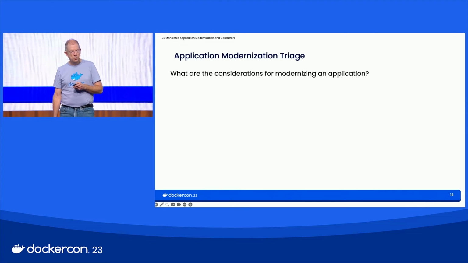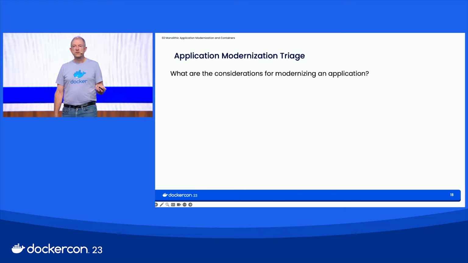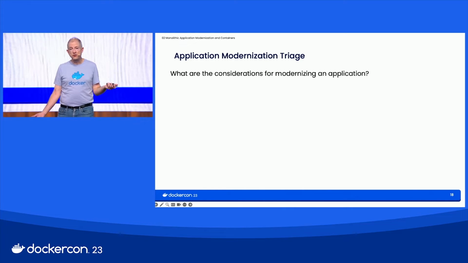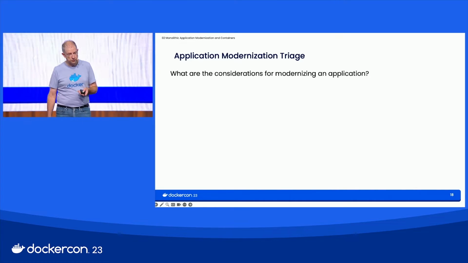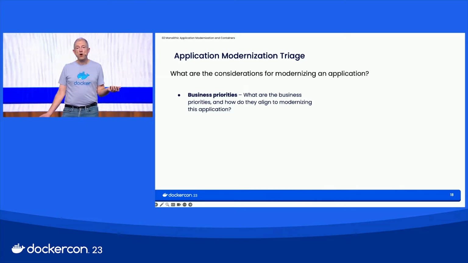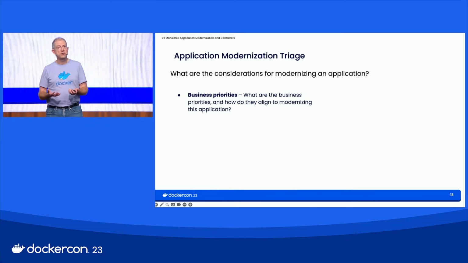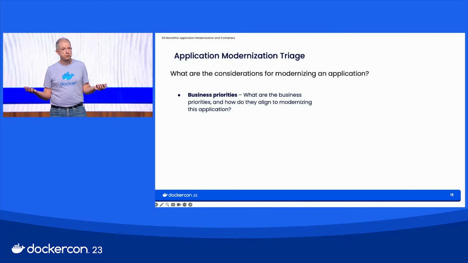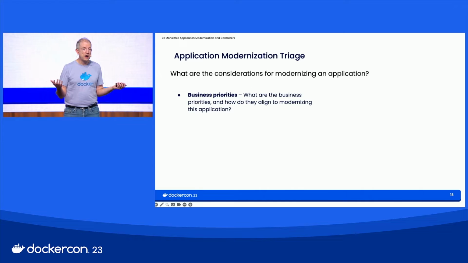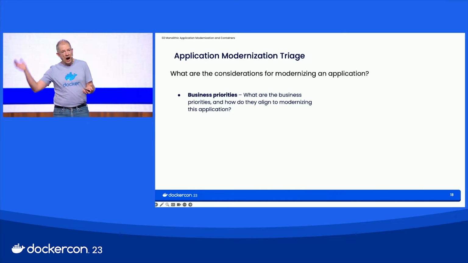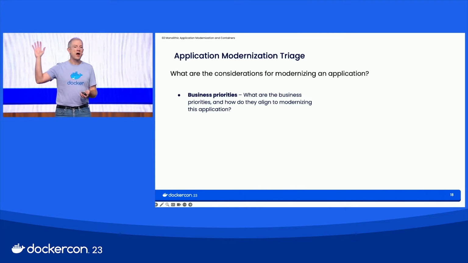All right. So what are the considerations for modernizing the application? If we have these strategies, which strategy or which combination of strategies is going to work for this particular application? So here are some of the things you need to consider. What are the business priorities? What does the business want to do, and how does modernization of this application fit into that? So who here has had a business leader stand up and say, our business priority is to modernize this application?